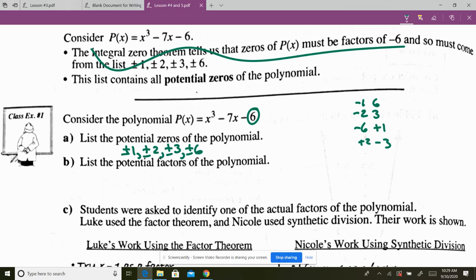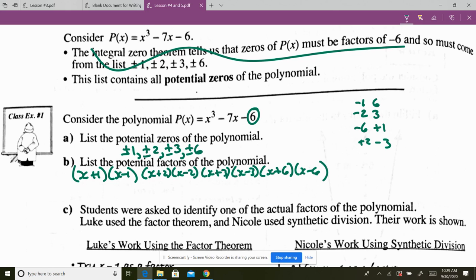The potential factors are when you write them in brackets. So you could go x plus 1, x minus 1. That's going to give you the factors of 1 and -1, or the zeros of 1 and -1, sorry. Right? And then you could do it for everyone, x plus 2, x minus 2, x plus 3, x minus 3, x plus 6, x minus 6.